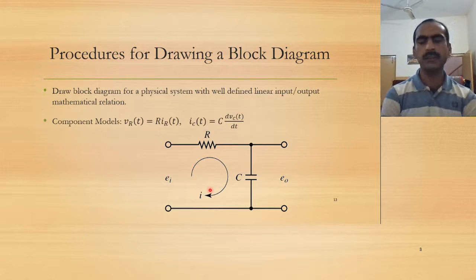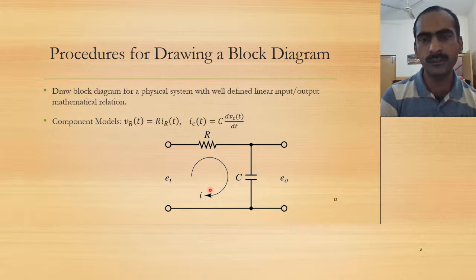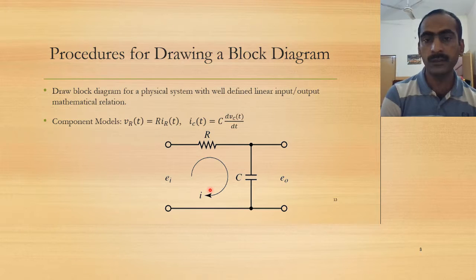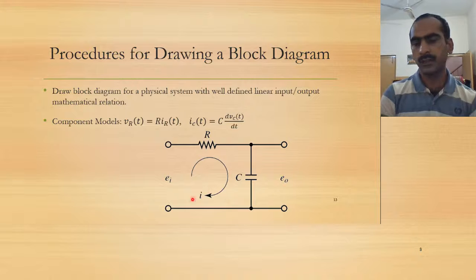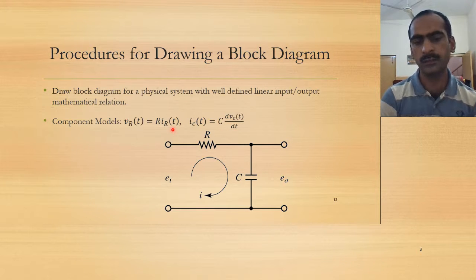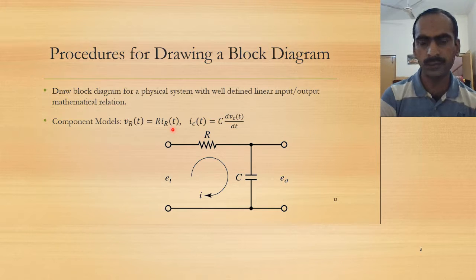We have two physical components, a resistance and the capacitor, and for these components we have well-defined mathematical relations between their input and output variables. For example, for a resistor, the input variable is i_R, then the output, the voltage across the resistance, is R times i_R.